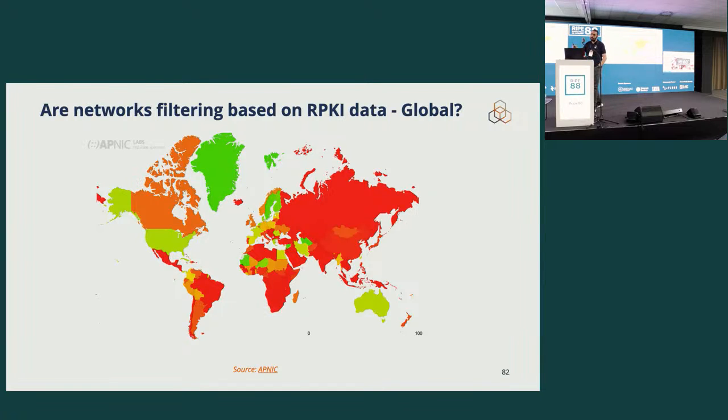The greener the country is, the more the users there are protected by RPKI. It means their service provider, or a certain network along the upstreams, is filtering routes based on BGP data. So you see that there's a lot of work to be done.